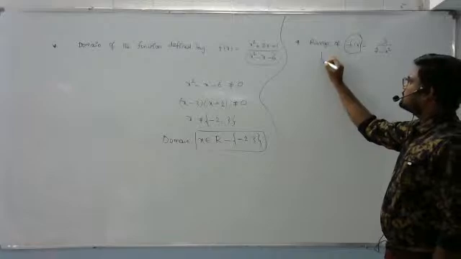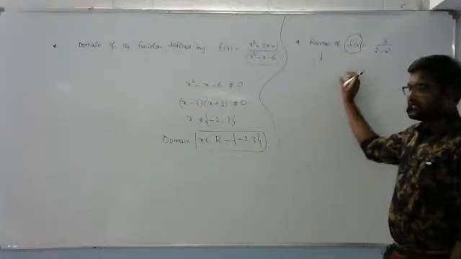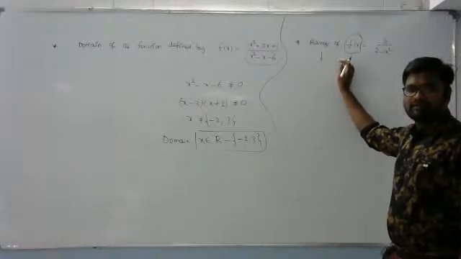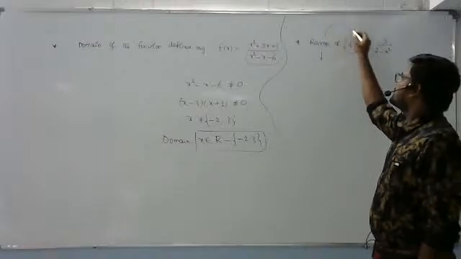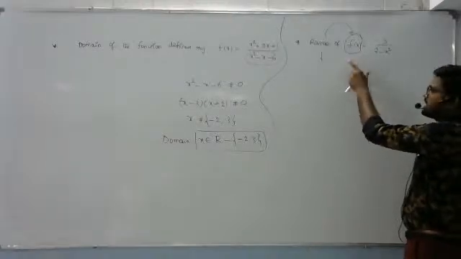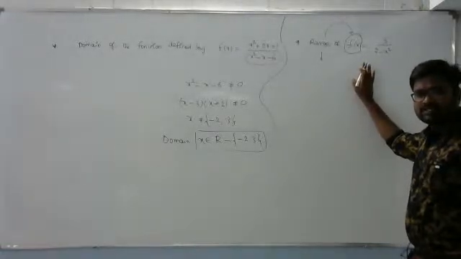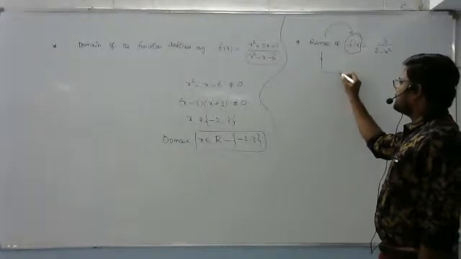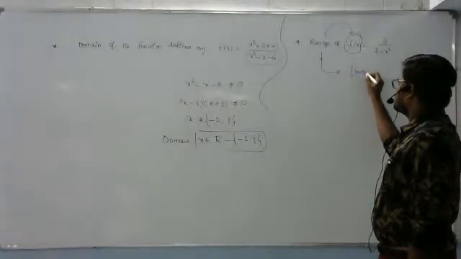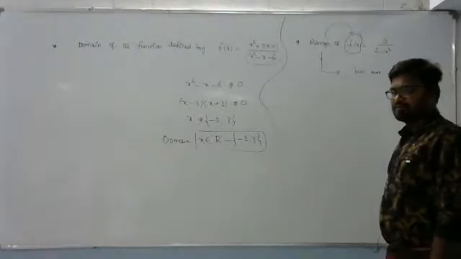In fact, range means minimum value and maximum value, isn't it? Interval consisting of minimum value and maximum value. When I ask you to find the range of f of x, it means that you should be able to find the minimum value of f of x and maximum value of f of x. Understood? Is it clear? First point, range means minimum value, maximum value. Maybe it is closed interval or open interval, whatever it is.